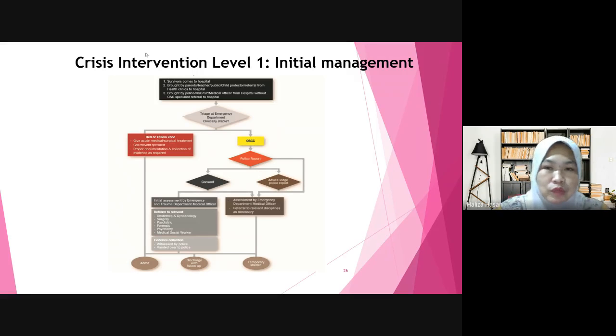They will do triage first, do the initial assessment, and after that they will refer to the relevant discipline.